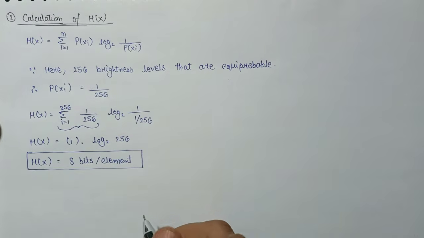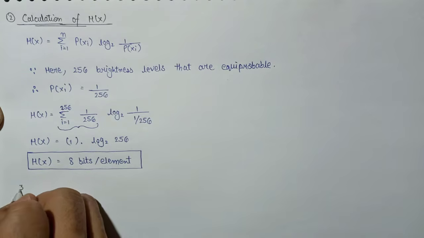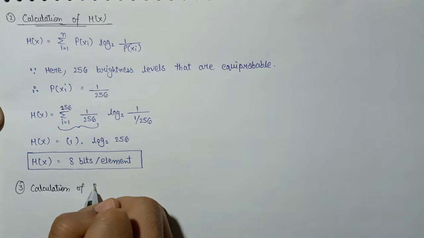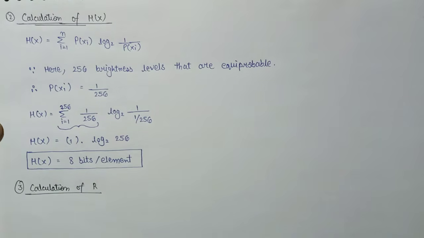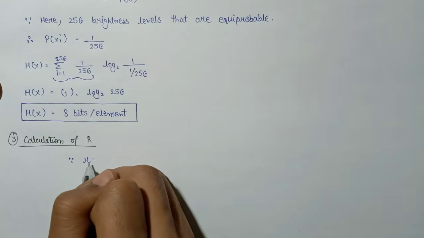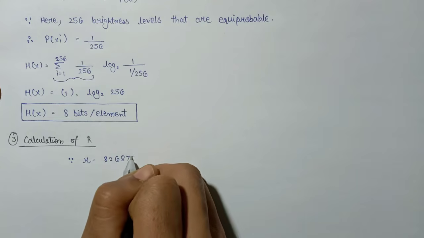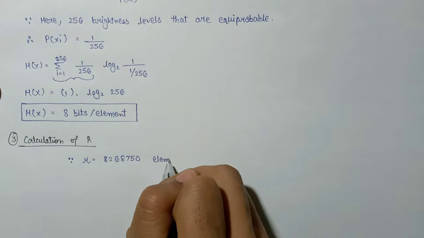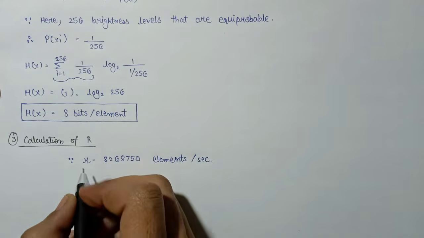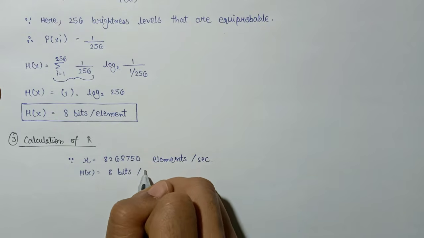Now let us have a look at the final calculation, that is the calculation of the rate of information transmission, capital R. We know that the value of small r is 8268750 elements per second, and the value of entropy, H(X), is 8 bits per element.